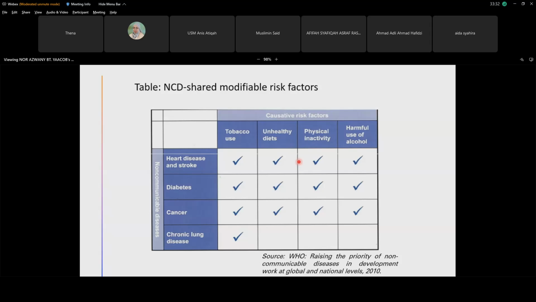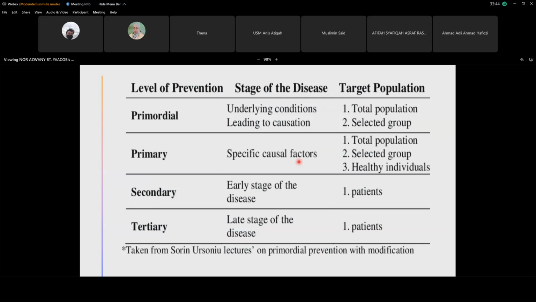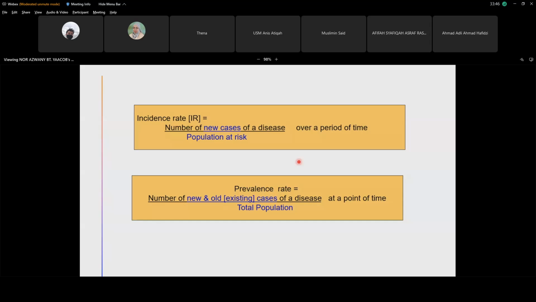Okay, so any question on that? Doctor, can I confirm again the incidence rate and prevalence rate? Prevalence rate is suitable for NCD, right? And incidence rate for communicable disease, is that right?